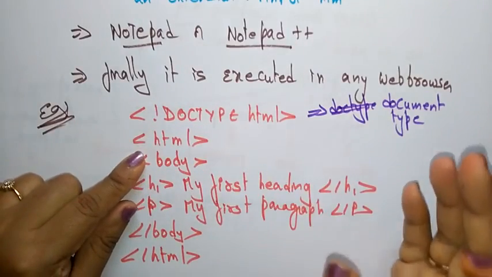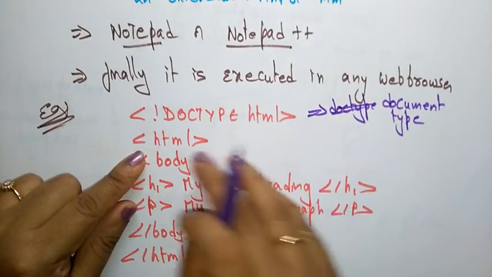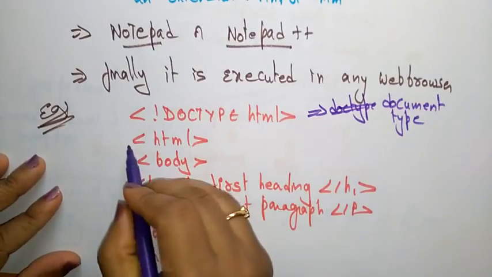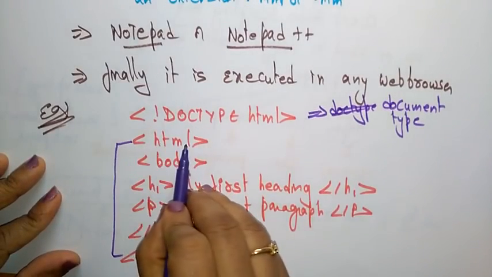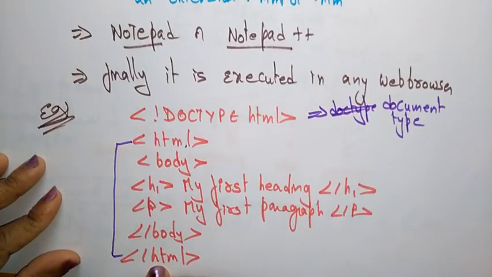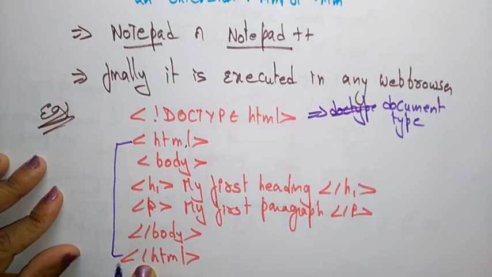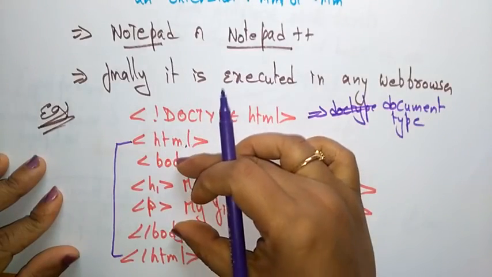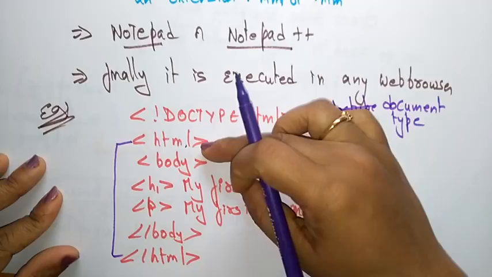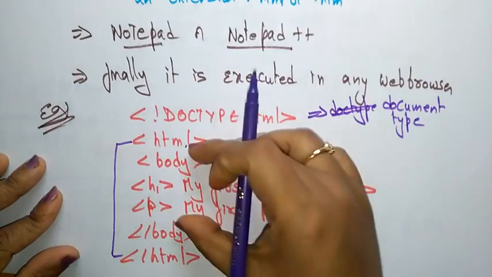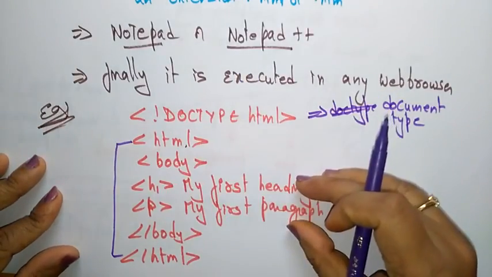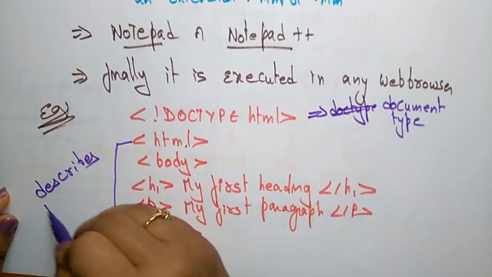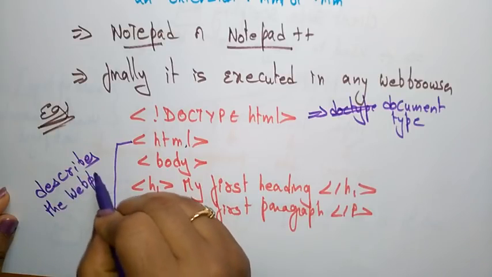Whatever statements you are writing should start with the open tag and end with the close tag. So this is the starting HTML. The end of the statements you have to close by using the backslash. The text between the HTML tags describes the web page.